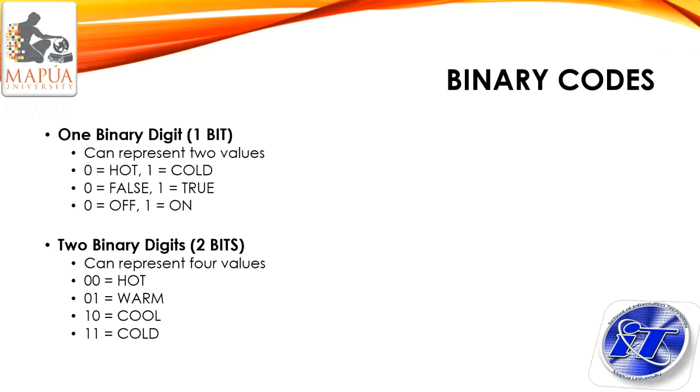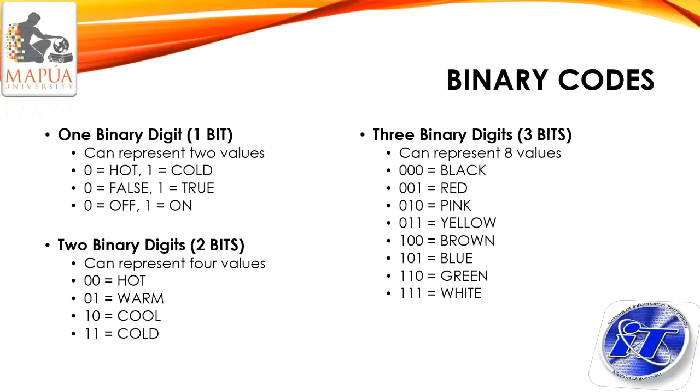For example, about temperature, 00 represents hot, 01 represents warm, 10 represents cool, and 11 represents cold. If we increase from 2 to 3 binary digits, how many possible values can we represent? It is 8 values.